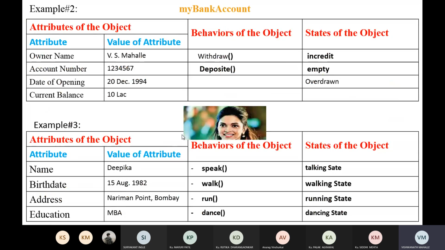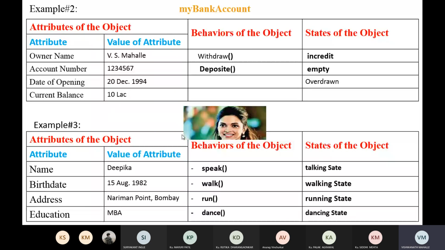Another example written here is a bank account. Bank account is the class. That is the abstract thing. But when I say my account, your account, or Sachin's account, that is specific. So my bank account is specific. That's why it is called an object.